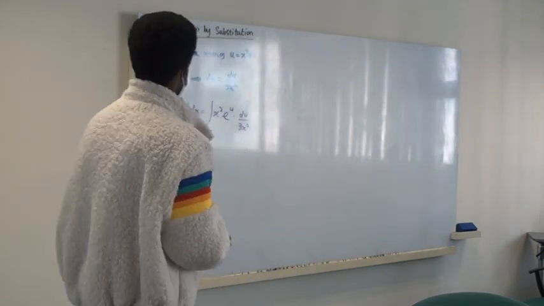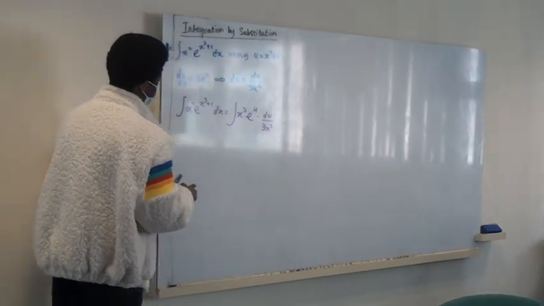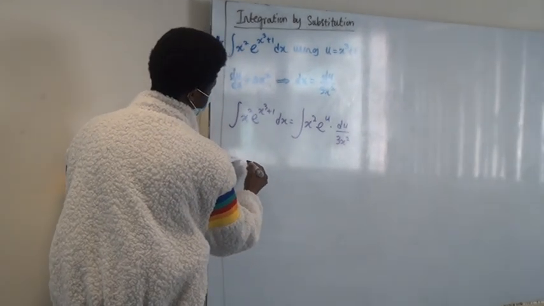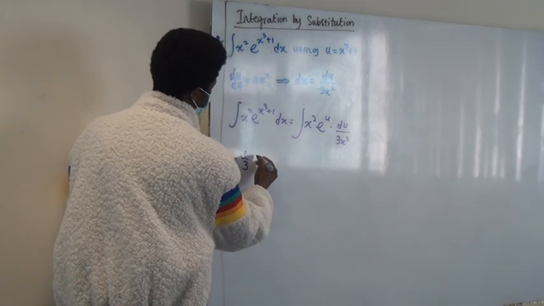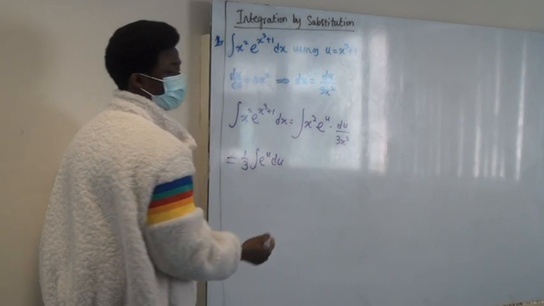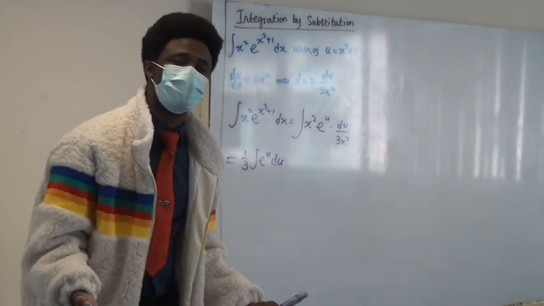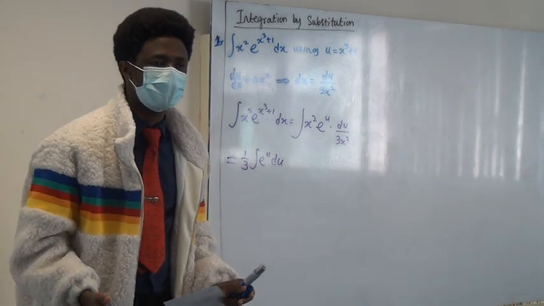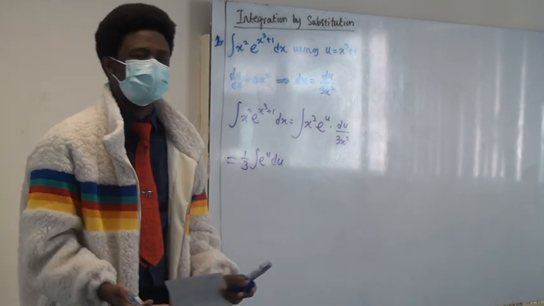Okay? So, with this now, what do we have? 1 over 3 integral exponential u du. And of course, exponential function is the guy that doesn't run away in that function village story, right? I'll differentiate you, it doesn't move. I'll integrate you, it doesn't move.